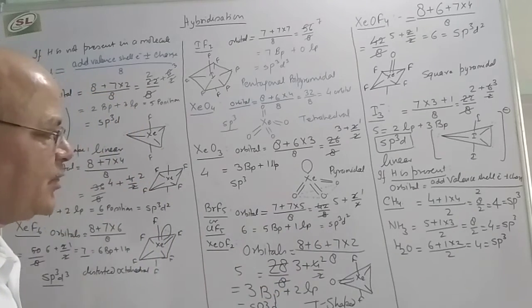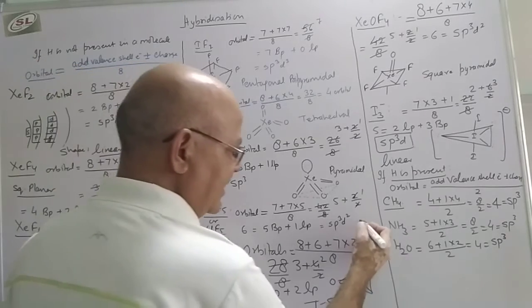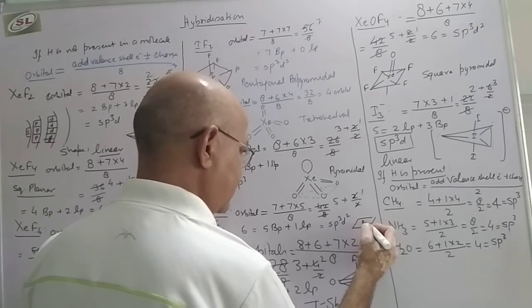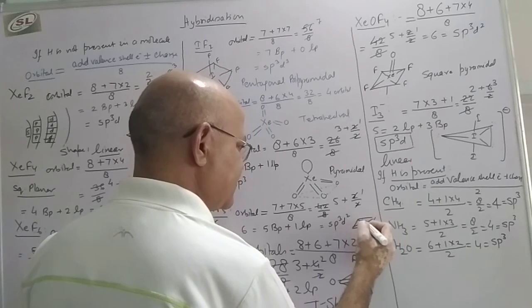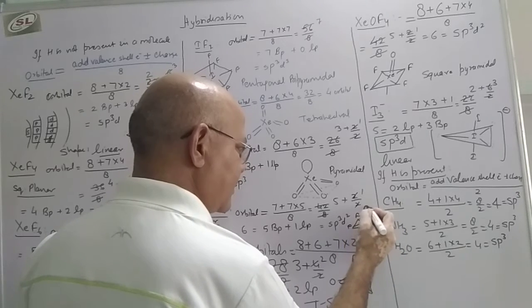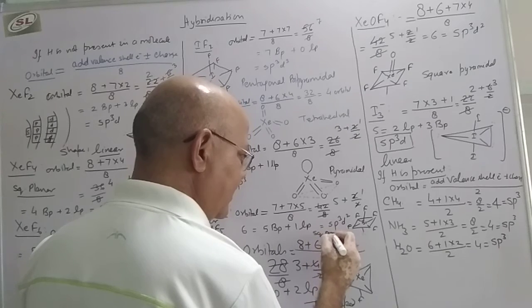So sp3d2 will be the hybridization. And for the 6, the geometry will be like this. It will be square pyramidal.